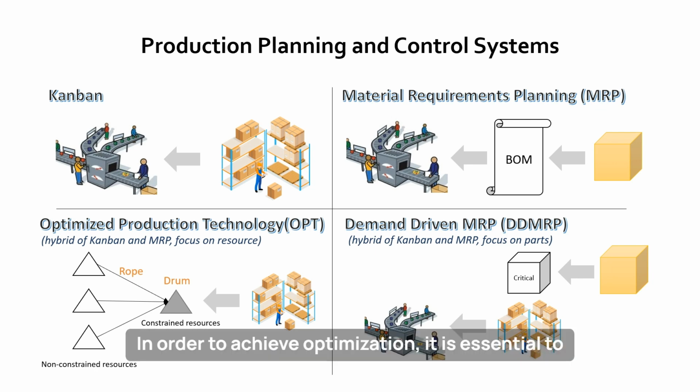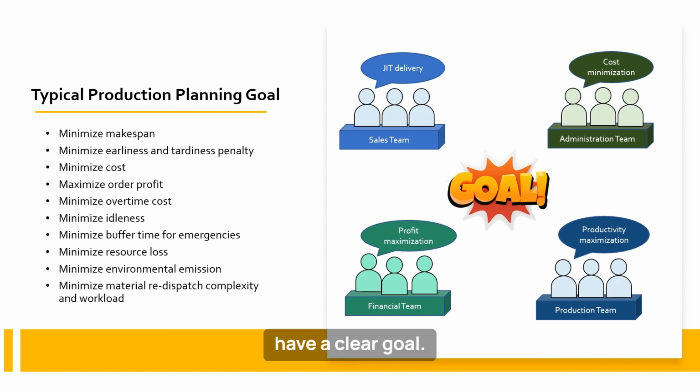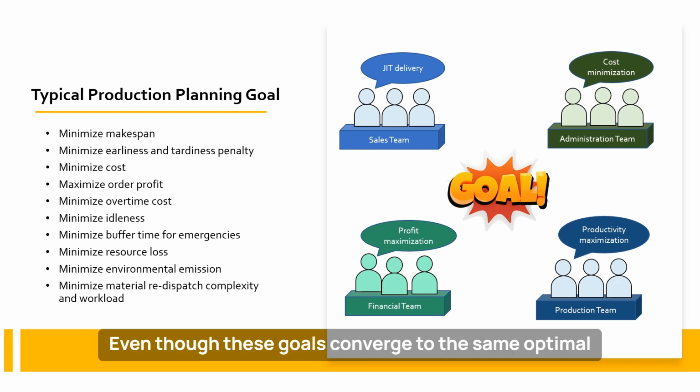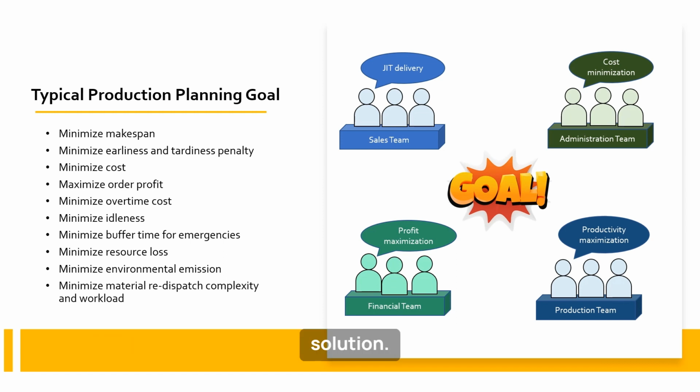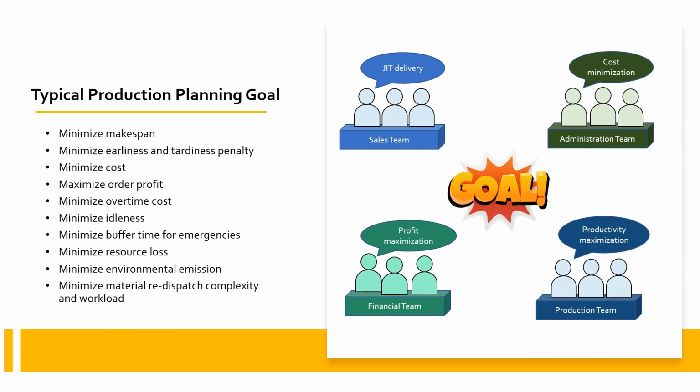In order to achieve optimization, it is essential to have a clear goal. However, these goals may vary among different departments in a manufacturing organization. Even though these goals converge to the same optimal solution, they generate different near-optimal solutions with an early truncation in the optimization search.